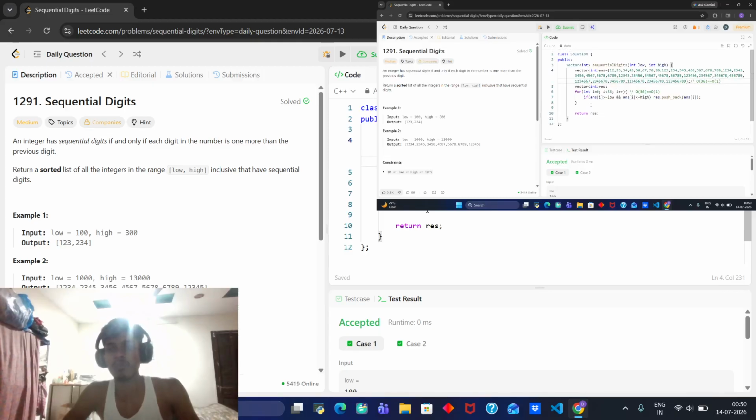That's the medium problem we have solved in big O of one time complexity as well as space complexity. That's all about today's LeetCode POTD problem.